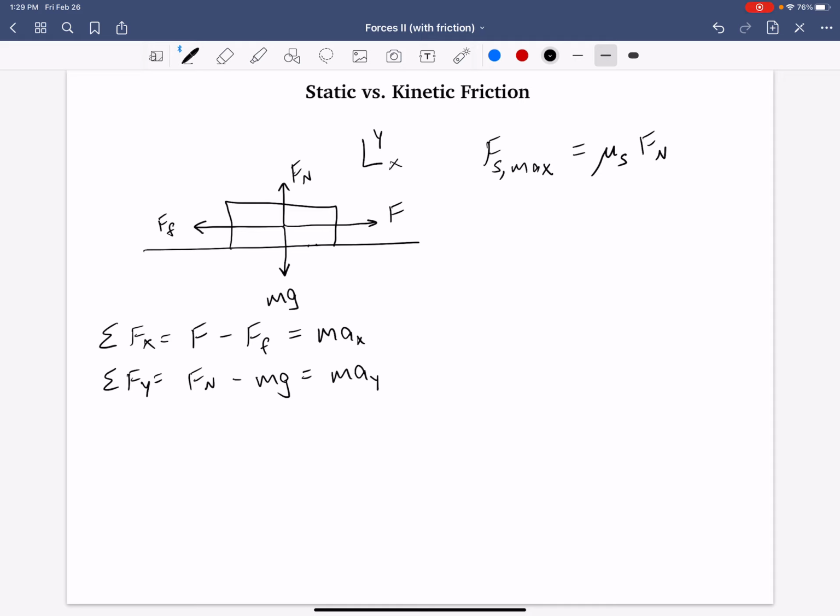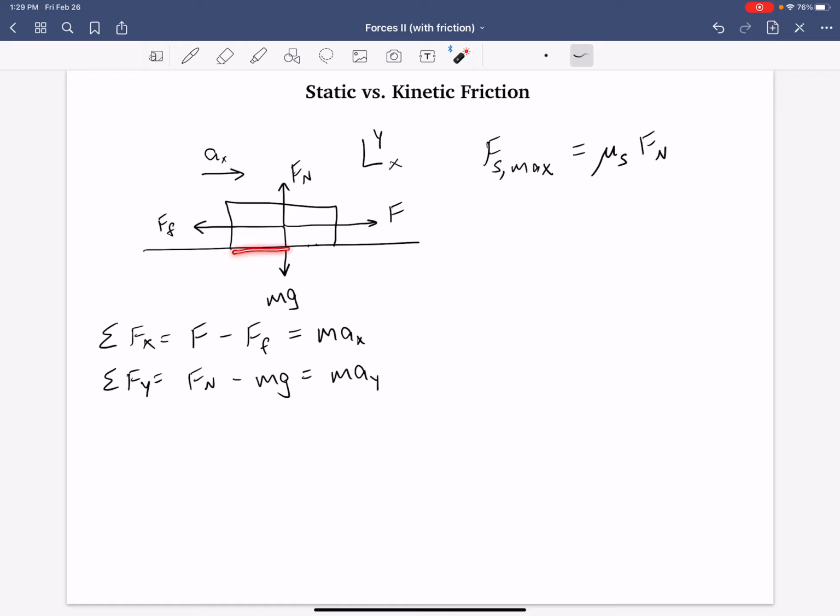If that applied force is maintained and is greater than the maximum static frictional force, then the box will remain in motion with some acceleration. There's still friction during that motion, though, assuming it stays in contact. So say now, for instance, that this applied force to the right does indeed overcome the frictional force opposing it. Then there will be some acceleration in the x direction.